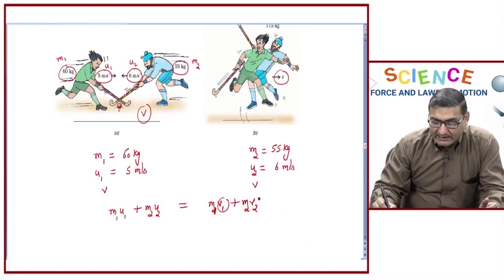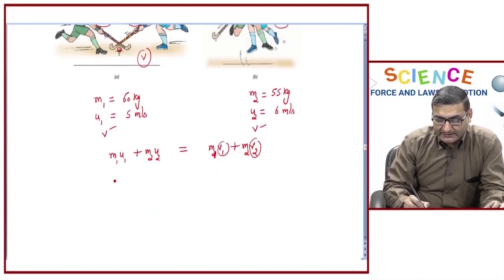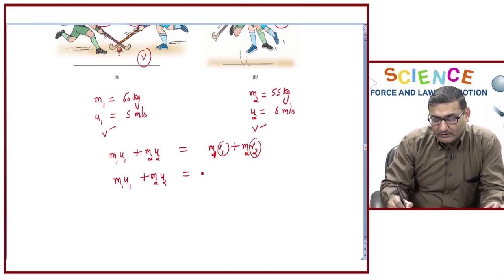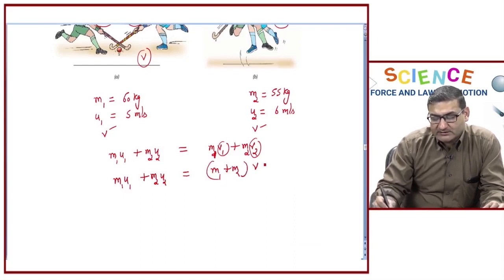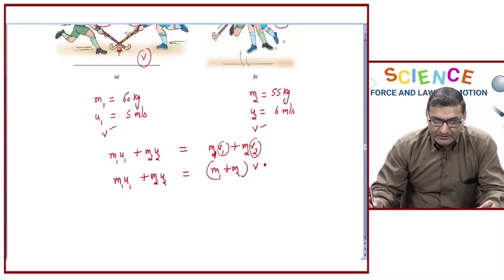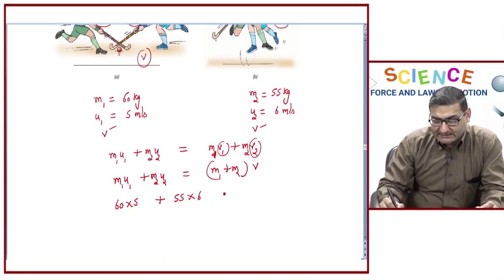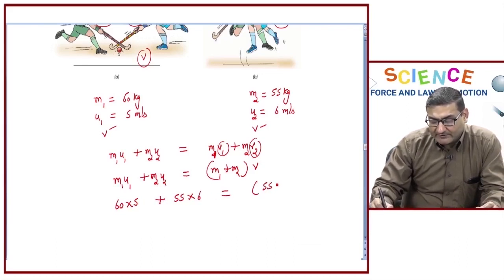Now v1 and v2 we have represented with v, so this equation can also be written as m1u1 plus m2u2 is equal to m1 plus m2, taking common velocity v as common, as we have taken in the previous example. Putting the values now, mass of the first player is given to be 60, multiplied by 5, plus m2 is 55, multiplied by 6, will be equal to 55 plus 60 into v.